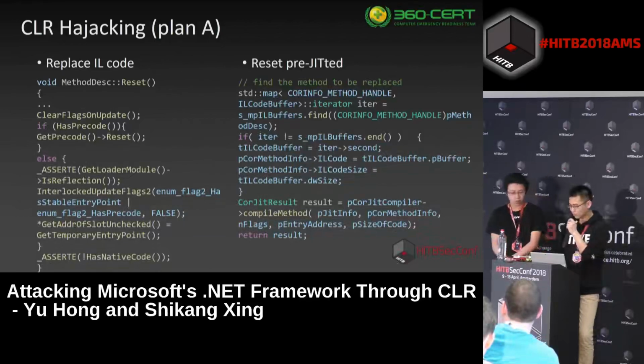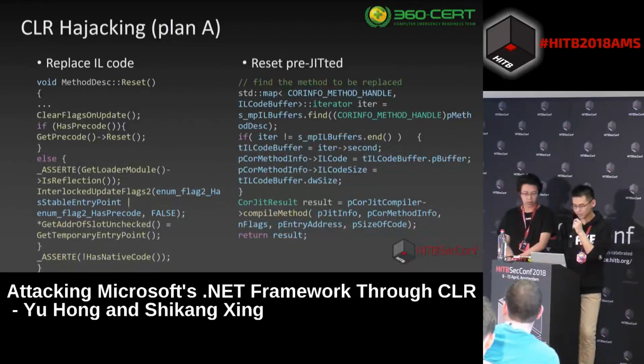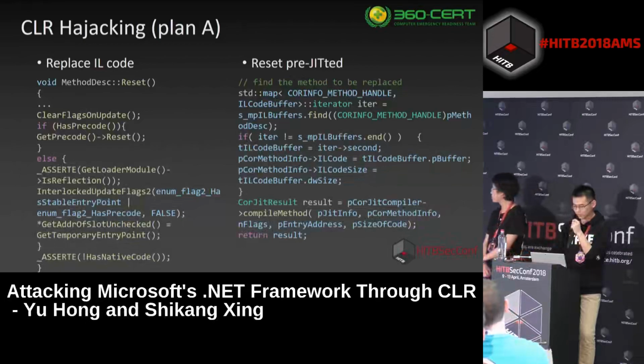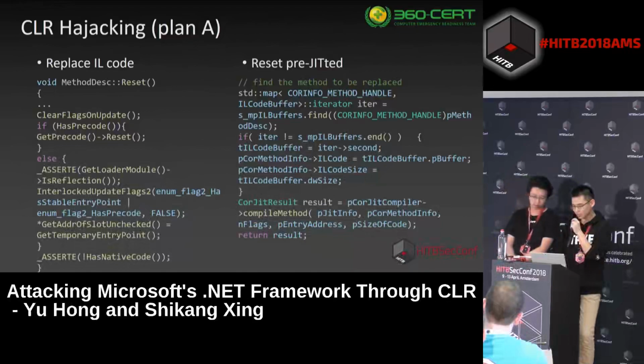So the method's reset provides a way to modify, and we can find the reset address through the PDB of the sample server. And then we need to add our code into the compile method, in order to reset the method so it is projected. There will be a compile method call.